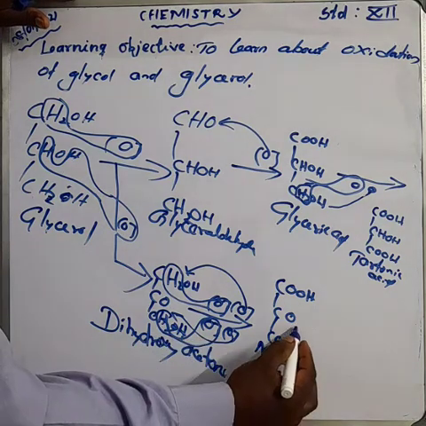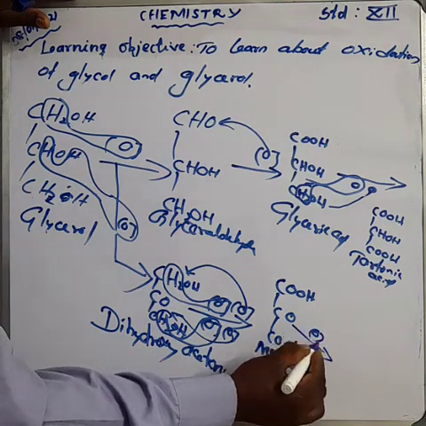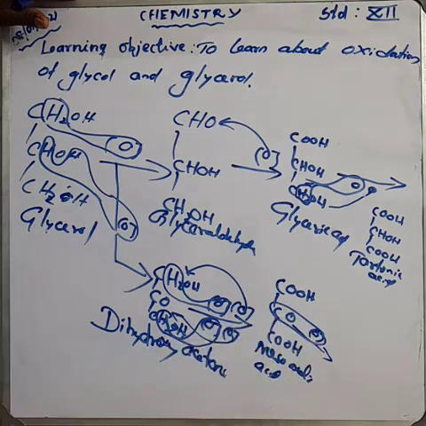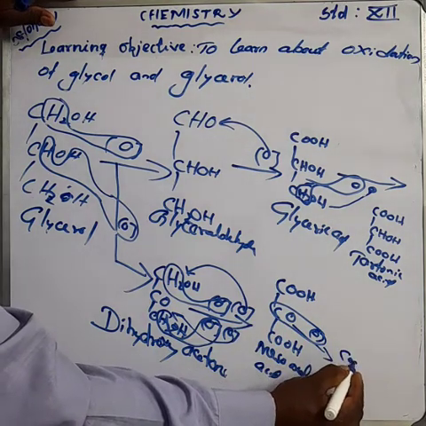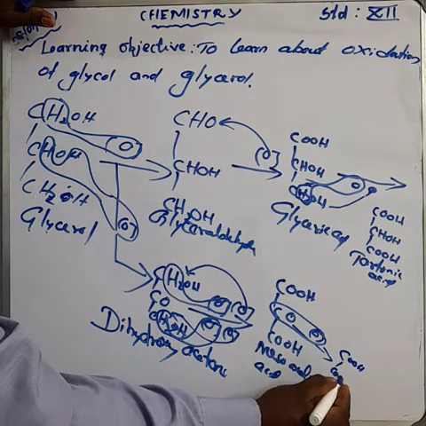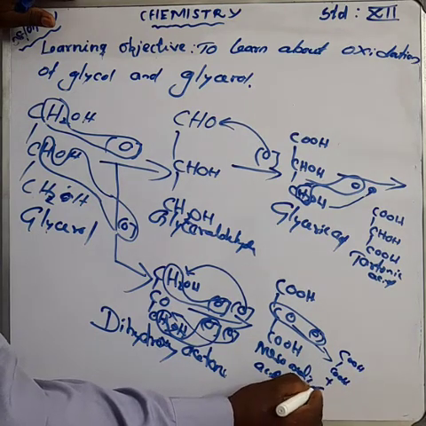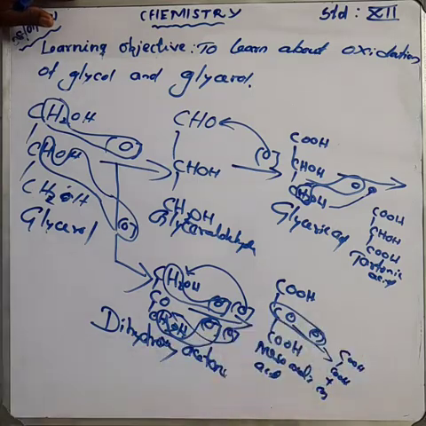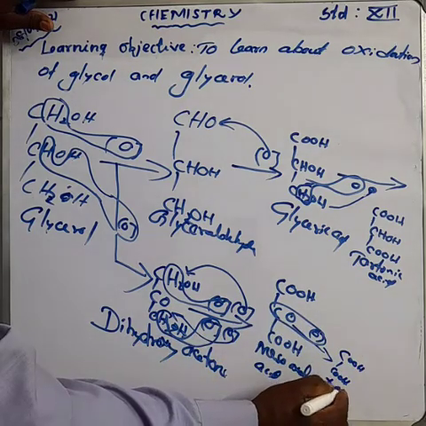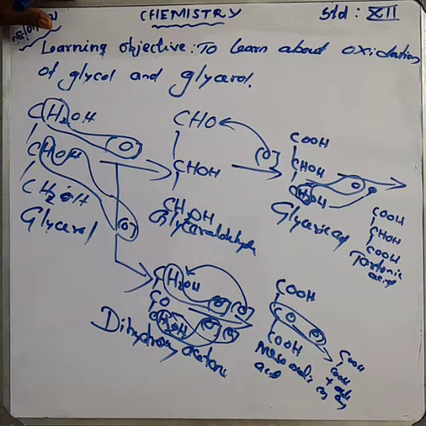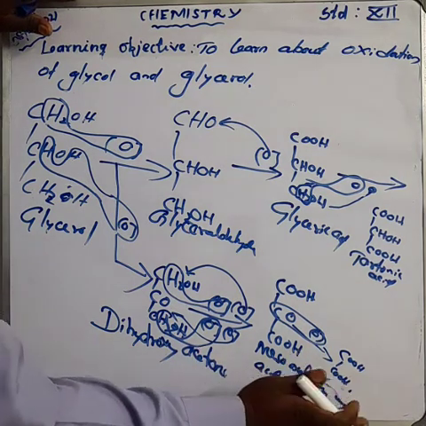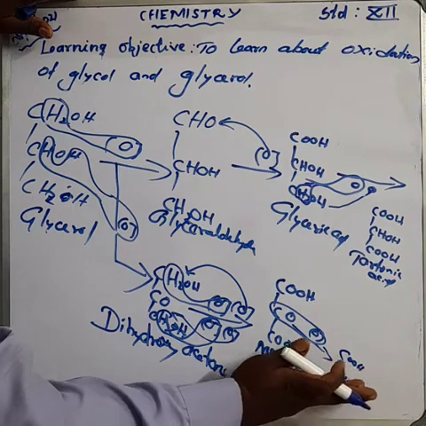Here, the meso-oxalic acid undergoes oxidation. We get carbon dioxide and COOH, COOH, that is oxalic acid, plus CO2.